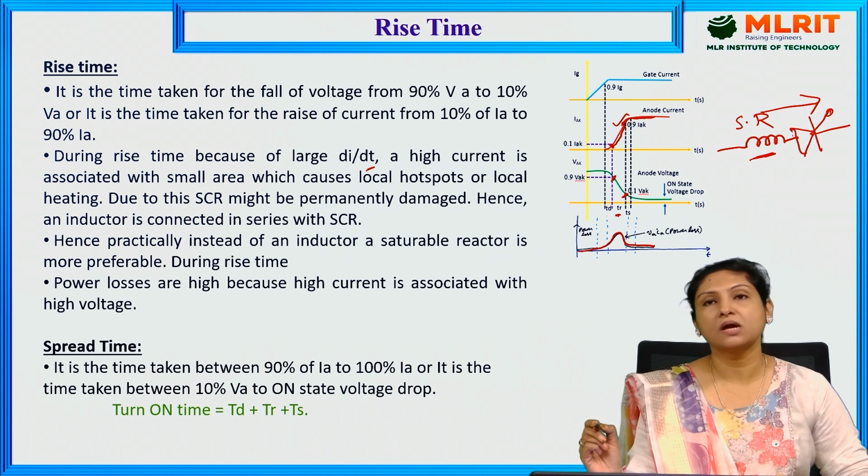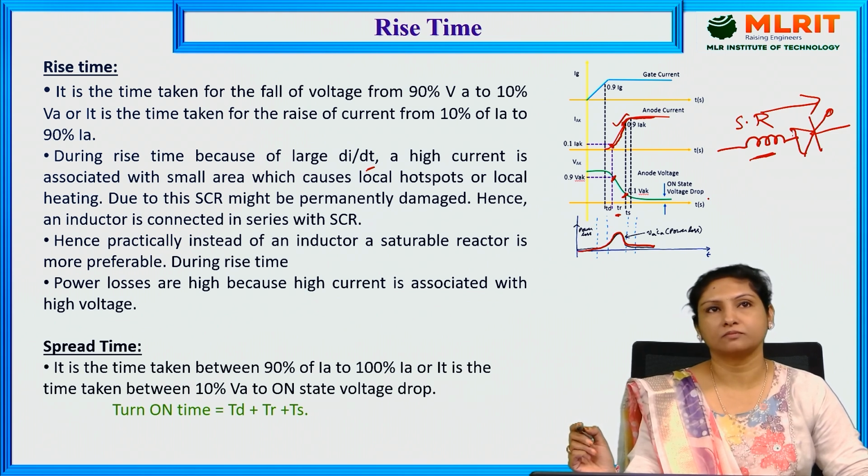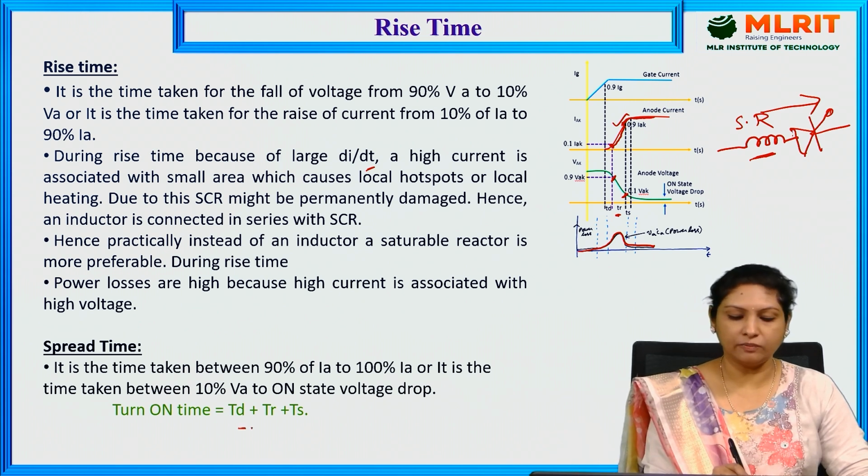The on-state voltage drop of the device will be about 1.5 to 2 volts. This is nothing but spread time. So the total turn-on time is given by the summation of delay time, rise time, and spread time.